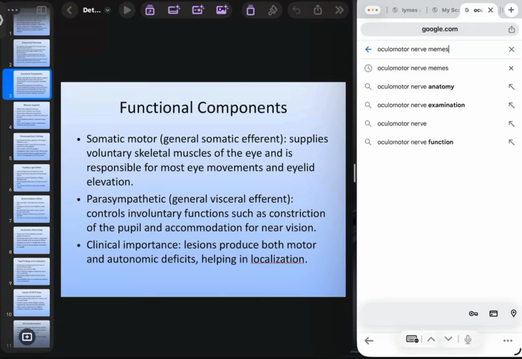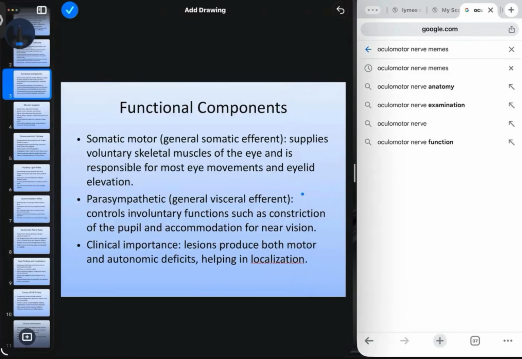The second is the parasympathetic component, and it controls the involuntary movements of the eye, that is accommodation of the eye. Now, what does accommodation mean? This means that our eyes are able to adapt according to the brightness, and this is because of the dilation and constriction of our pupil. So this is the parasympathetic function. Try and remember this. This is the parasympathetic function of our oculomotor nerve.